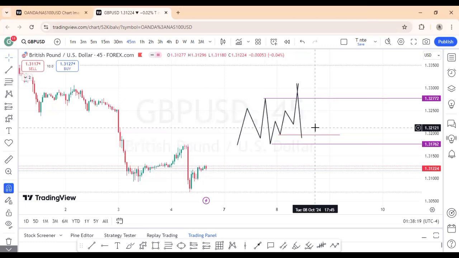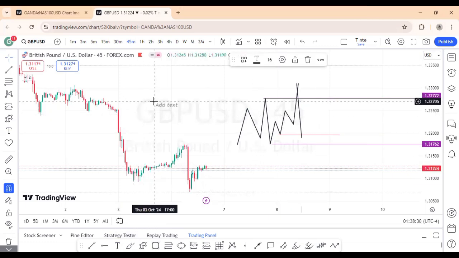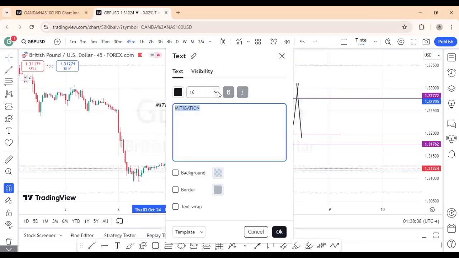Now, what is mitigation? Mitigation simply refers to the act of price tapping into an area. So how do you know an area has been mitigated? How do you tell that an area has been mitigated?